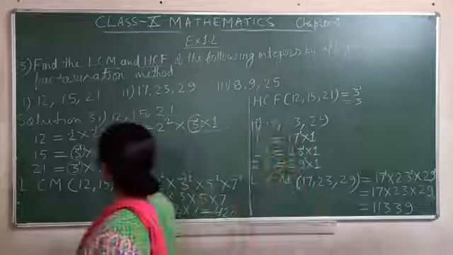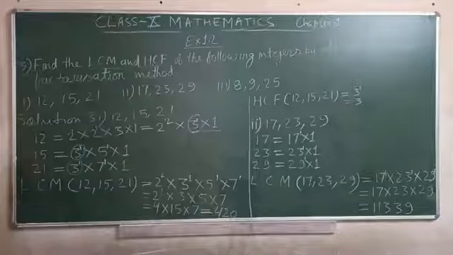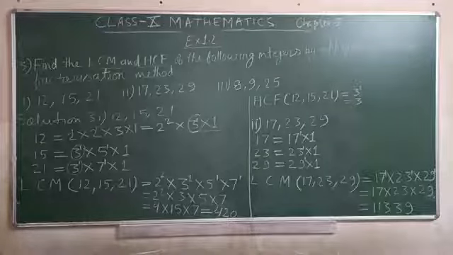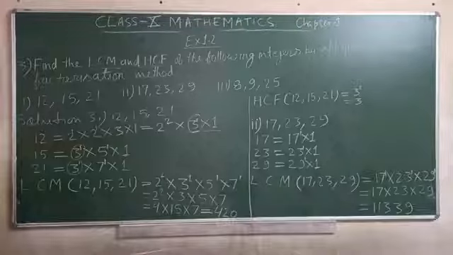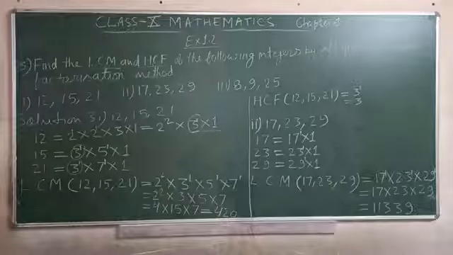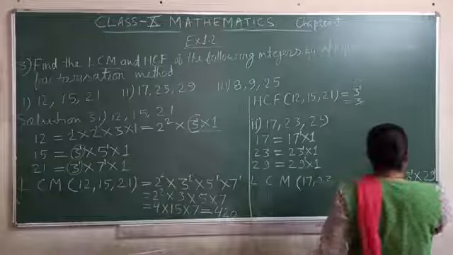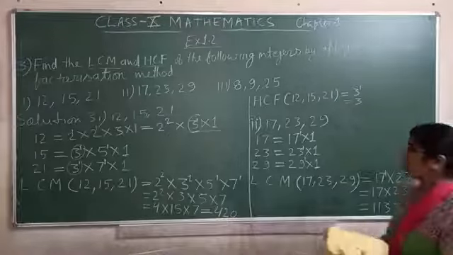You will get LCM of 17, 23 and 29 is 11,339. Okay. When you multiply 17 into 23 into 29, you will get this one.